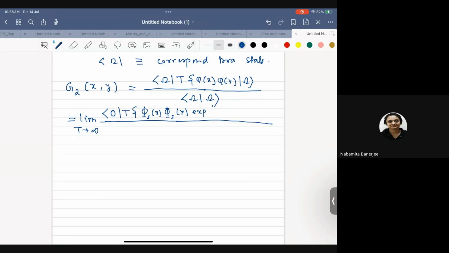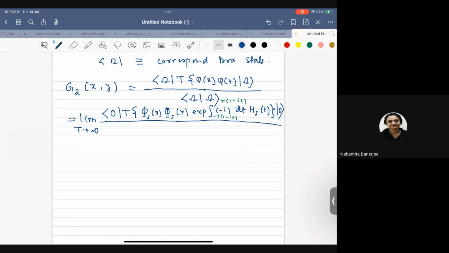Exponential of minus i integral dt H_I(t), sandwiched between free vacuum. I will write the limits. This is from minus T(1 minus i epsilon) to T(1 minus i epsilon). So I have to integrate this interaction from far past to far future.